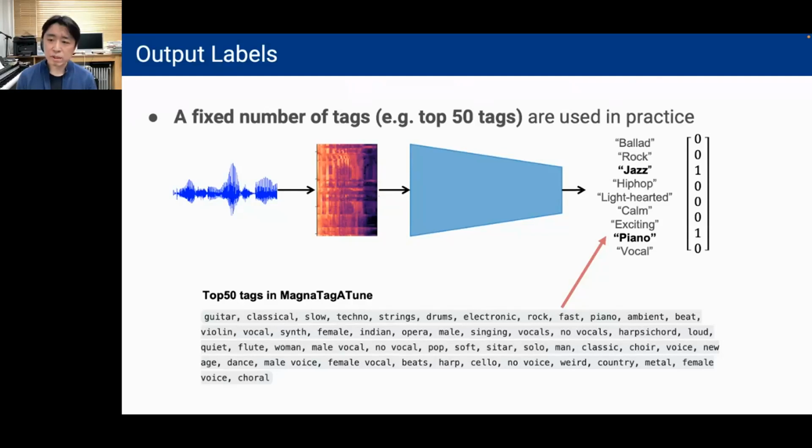And also, there is high skewness in the distribution of tags. Most of all, this classification setting, using cross entropy loss between the tag label and sigmoid output of the model, intrinsically assumes a fixed number of classes.